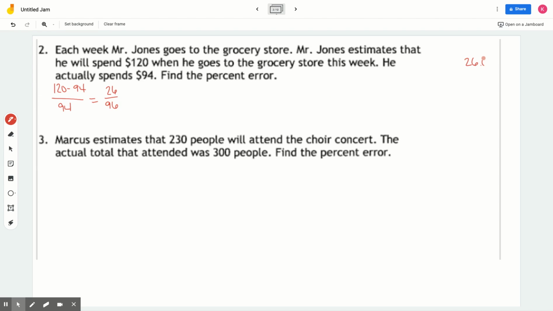26 goes inside the house. 94 can't go into 2 or into 26, but it can go into 262 times. That's 186.